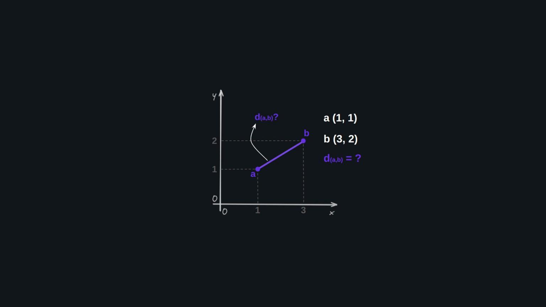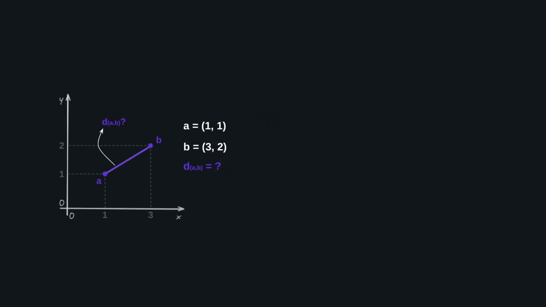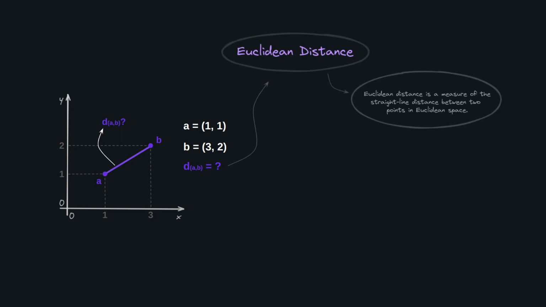There are numerous ways to obtain this distance, but we will use the Euclidean distance because it measures the straight line distance between 2 points in the Euclidean space. The distance is obtained by the following formula: the square root of the sum of the squares of the difference of all the dimensions.